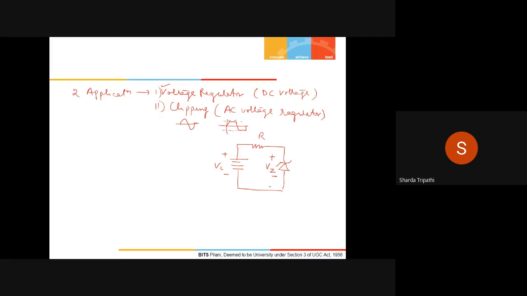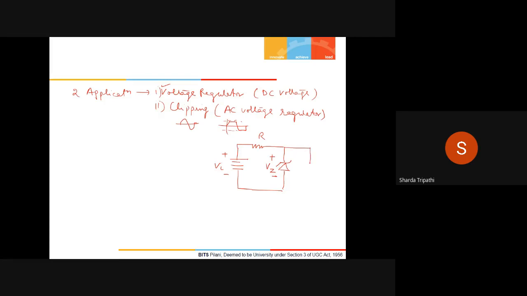See the polarity that I have marked over here. I am marking the positive towards the negative of this diode. This does not mean that this terminal is negative. The diode's terminal is positive only, but I am marking this in the opposite way so that I don't have to write minus while I am solving the circuits.